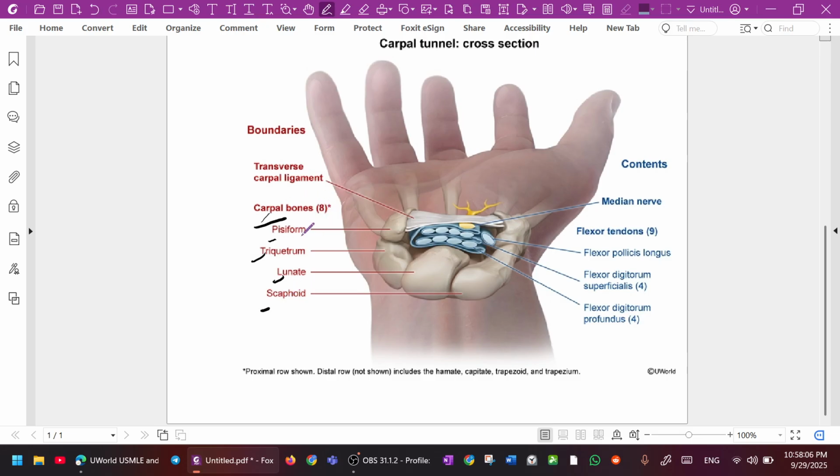So the floor of the carpal tunnel is an arch formed by the 8 carpal bones, and the roof of the carpal tunnel consists of the transverse carpal ligament.